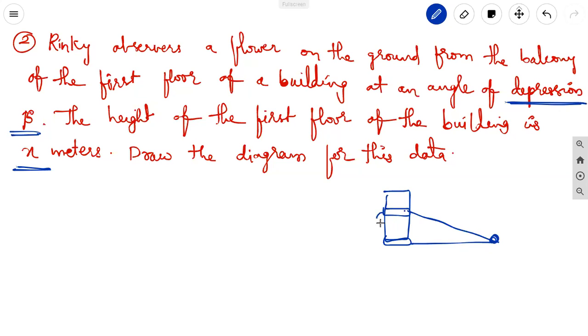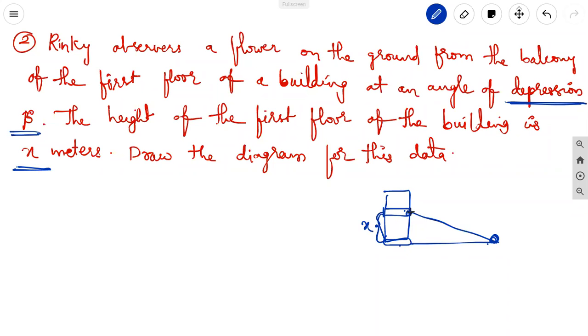But this is the first floor. They have given the height of the first floor of the building as small x meters. And the distance from the foot of the perpendicular to the object, they didn't give any clue.